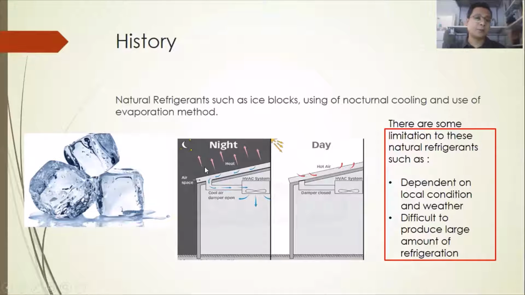If we compare night and day, it is extremely different, because on a sunny day it's difficult to get the low temperature. But for a chiller, we can still use natural refrigeration.